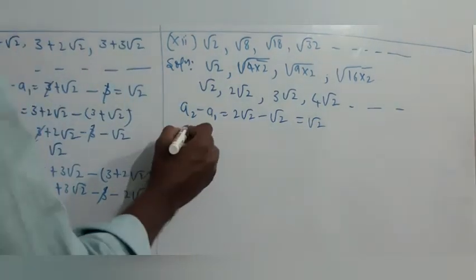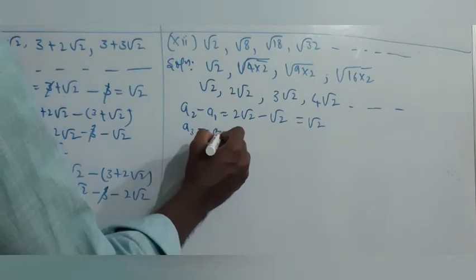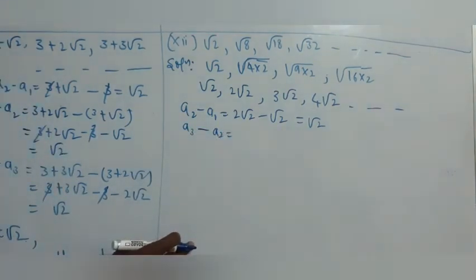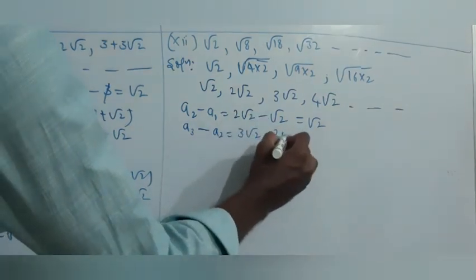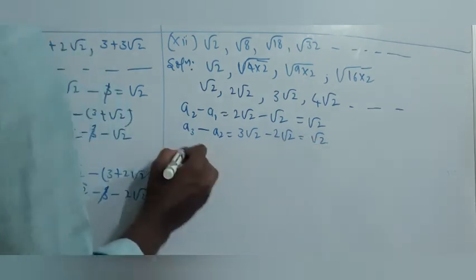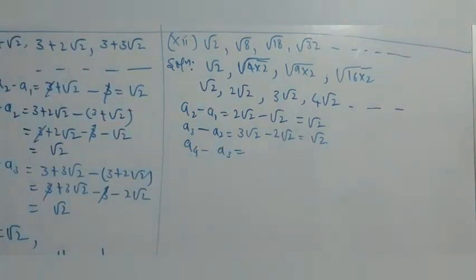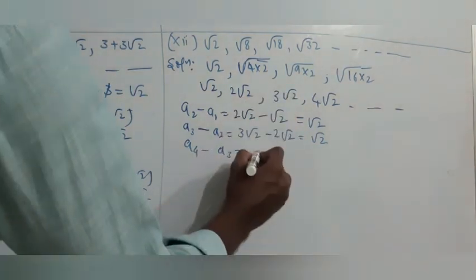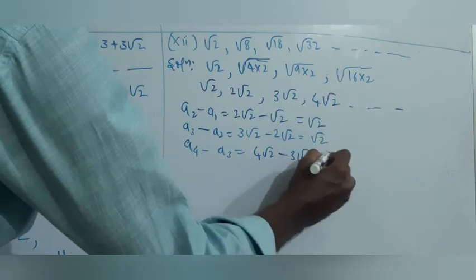Next, A3 minus A2. A3 minus A2 is equal to 3 root 2 minus 2 root 2. 3 minus 2, 1. Again, root 2. A4 minus A3 is equal to 4 root 2 minus 3 root 2, which is equal to root 2.